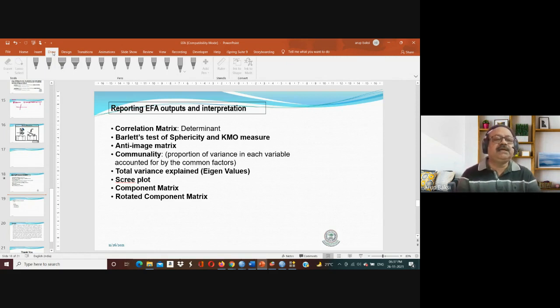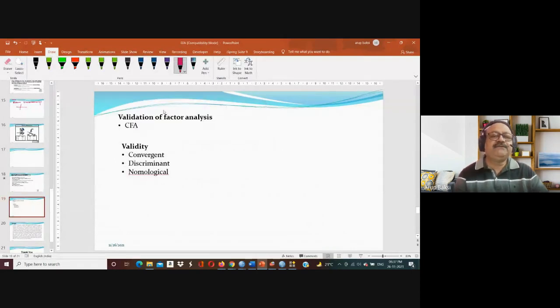So these are as far as the reporting of the outputs and interpretation of EFA is concerned. As I have told you, if I go one step forward to validate the factor analysis, I have to carry out the confirmatory factor analysis, and thereby I will check the convergent validity of the model, the discriminant validity of the model, and the nomological or the face validity.